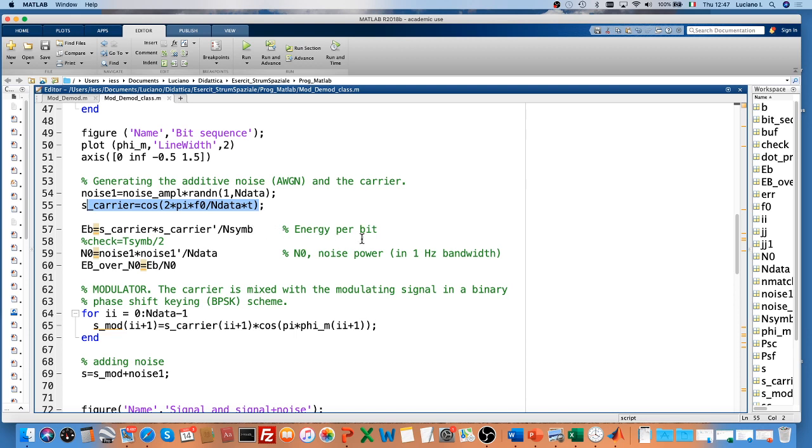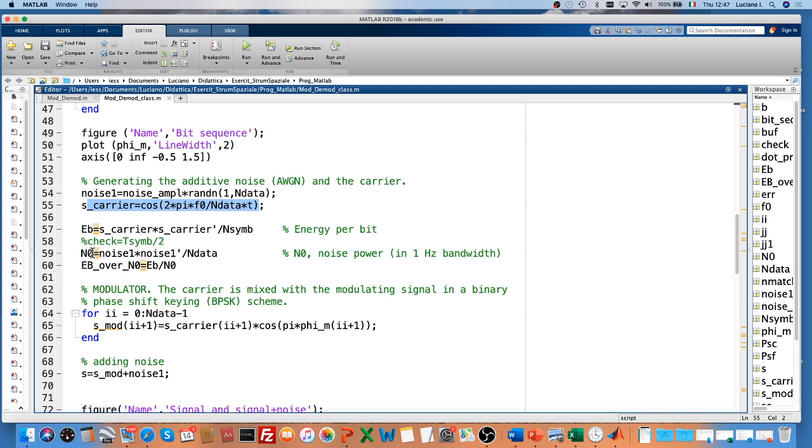This is the energy per bit. I have to divide by the number of symbols because, of course, I've done it on the whole sequence and not on the single bit. So I have to reduce by this amount.